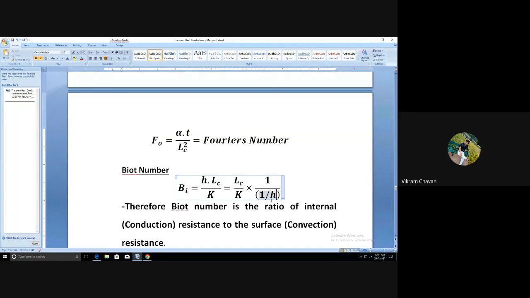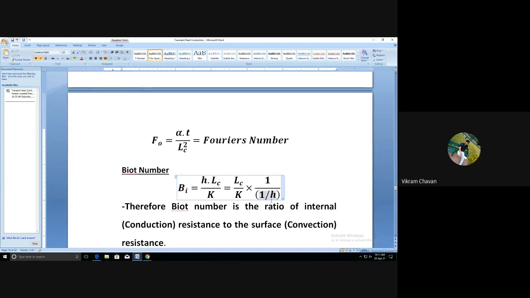As the internal resistance is small, the temperature gradient is also small, and the temperature of that body is very uniform throughout the solid. If the temperature gradient is small, what will happen? The temperature will be uniform in that object. Gradient means variation. When the variation of temperature with respect to distance is small, then we can say that the temperature is uniform in that particular object, or within the system.